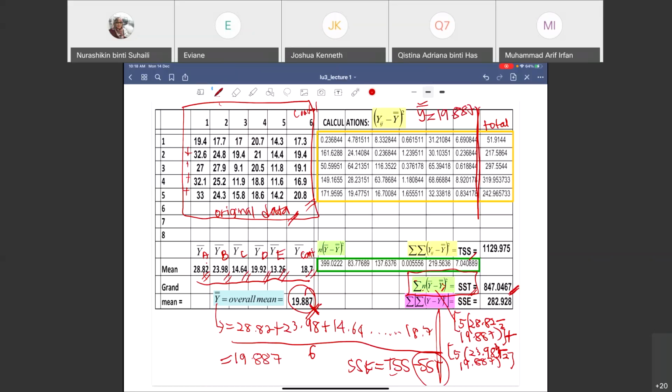For each of the data points, you have to solve for this one. So Yij is referring to each of these points. For example here, 19.4 minus the overall mean 19.887, squared, you got 0.2368.